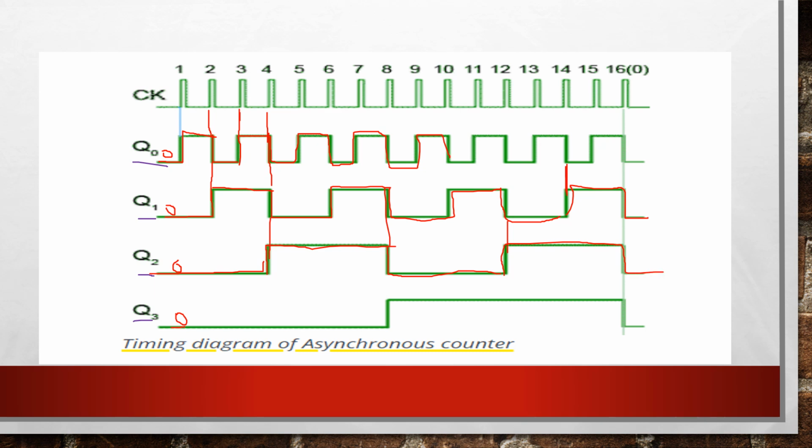The Q3, the most significant bit, stays 0 till this point because it depends on the Q2. So here it changes its state from 0 to 1. For the next edge point, it changes from 1 to 0.